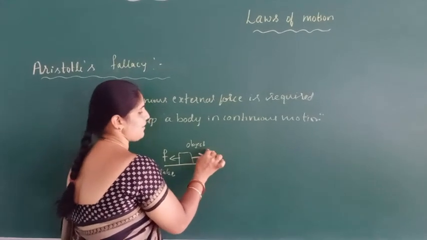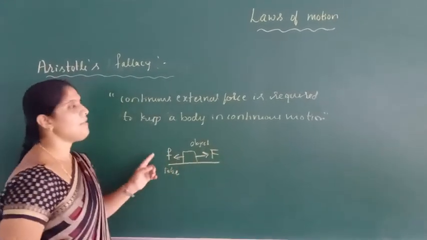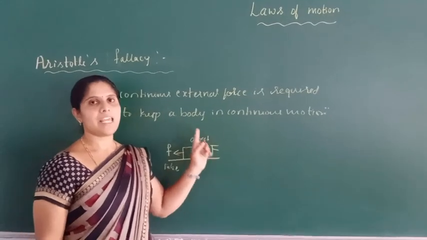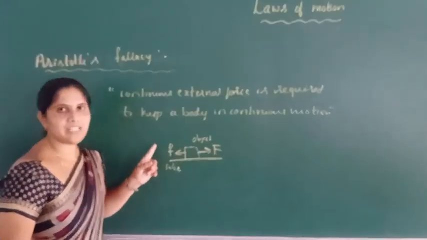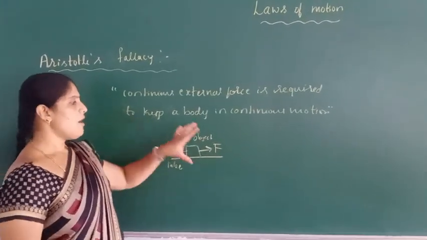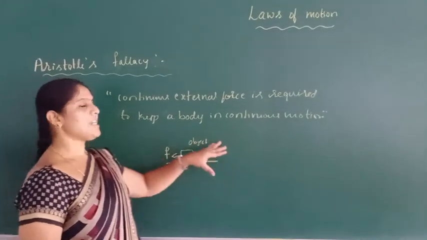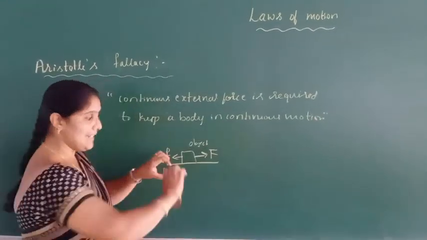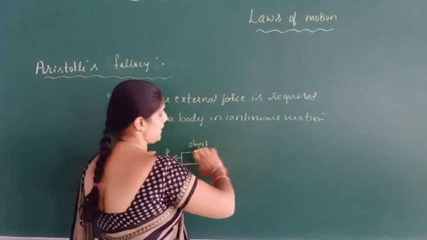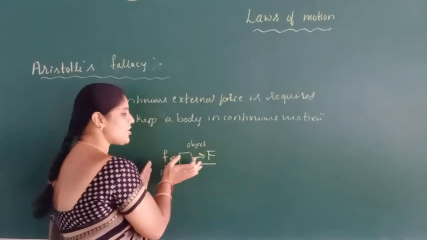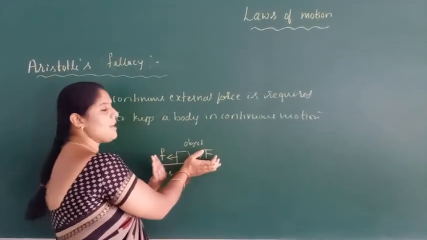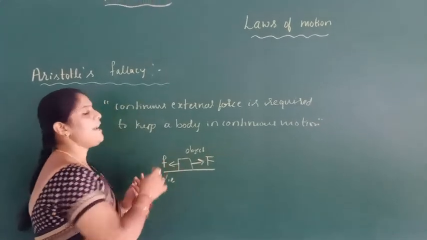That is capital F. Don't confuse small f and capital F. Capital F is the applied force, small f is the frictional force. If we want to move the object, we apply the external force in the opposite direction. That means frictional force always acts opposite to the applied force.